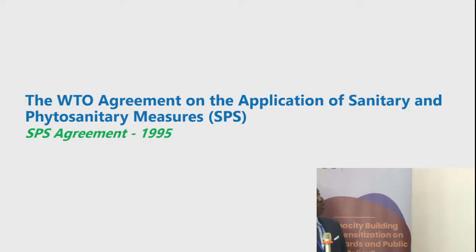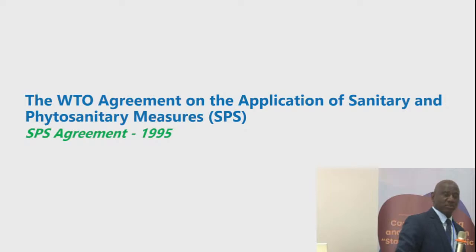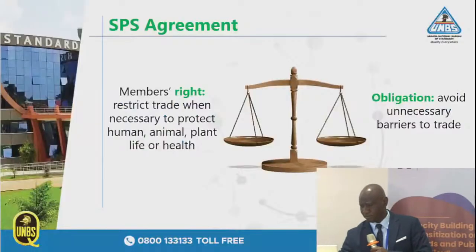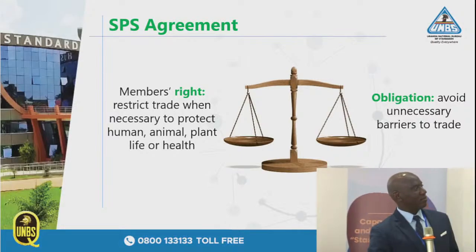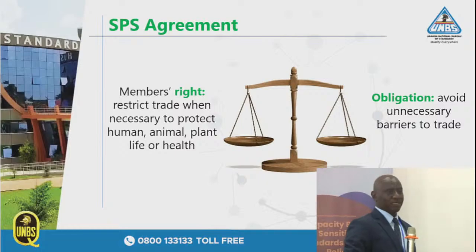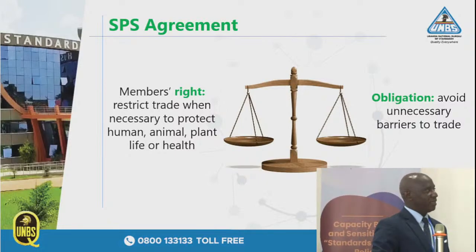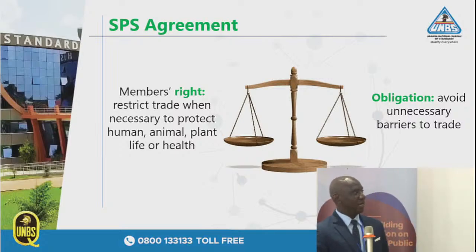So looking at the SPS Agreement, again, it also came into force at the beginning of WTO in 1995. Just like the TBT Agreement, the SPS Agreement gives WTO members the right to restrict trade when necessary to protect human, animal, and plant life or health.